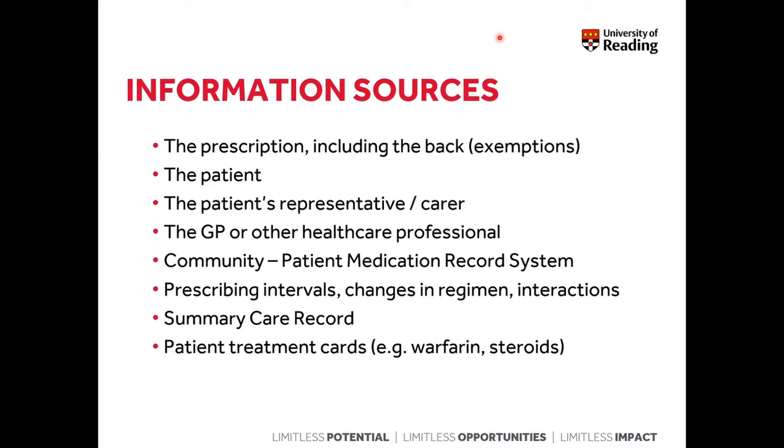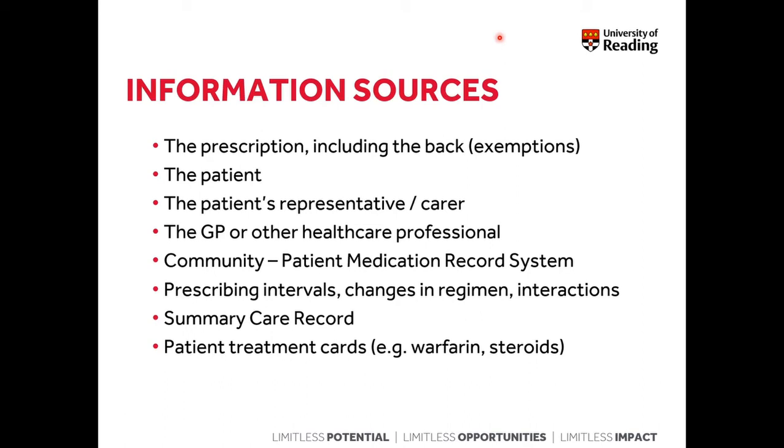So when we're screening prescriptions, you've got a number of sources to help give you that background information to help you make that decision. So first you'll have that prescription in itself in front of you. So if you start looking at the drugs that have been prescribed, you can start thinking of trying to work out what's wrong with the patient.